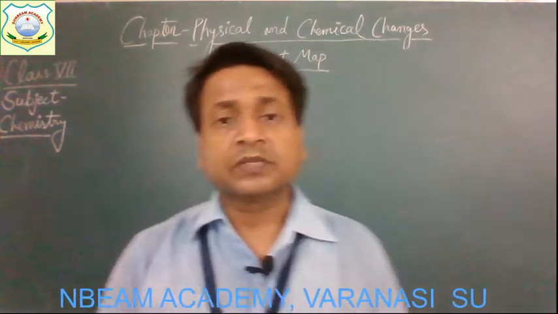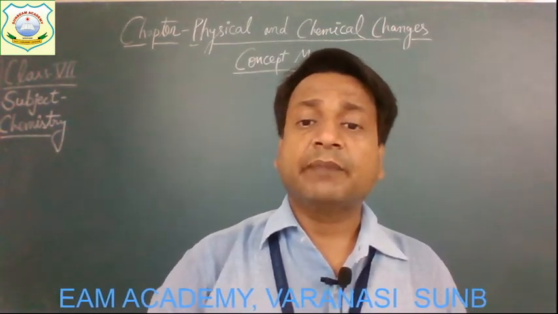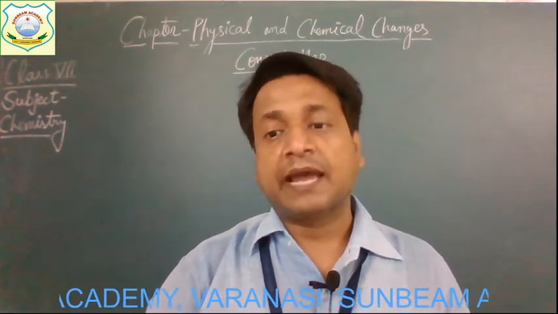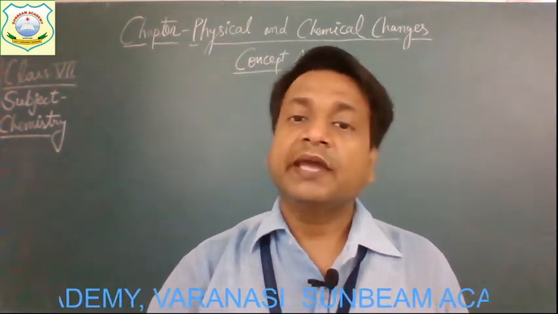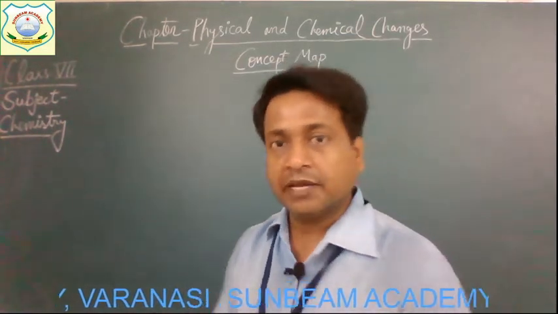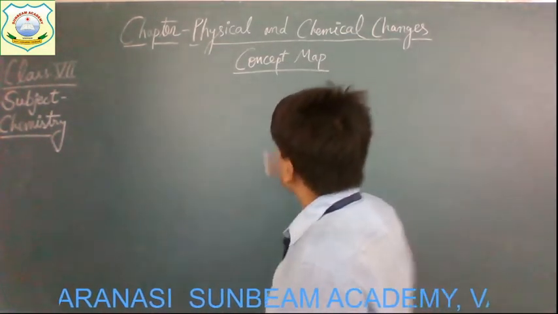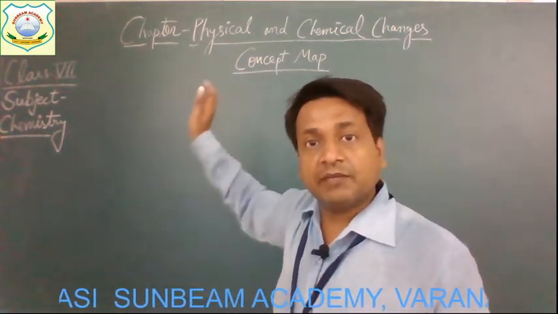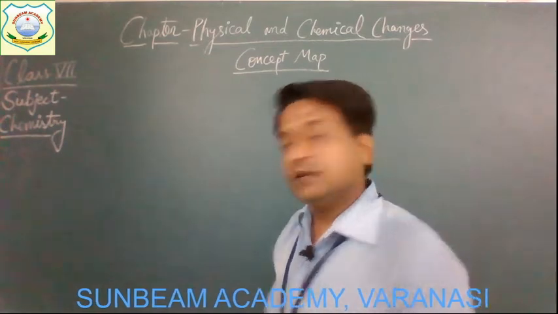Concept map. Children, through this concept map, we can summarize the overall chapter, whatever we have discussed in the chapter. Okay, so first of all, the main topic which we have studied here is chemical reactions.